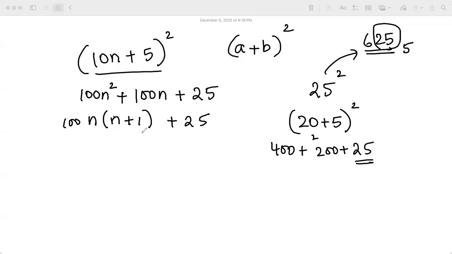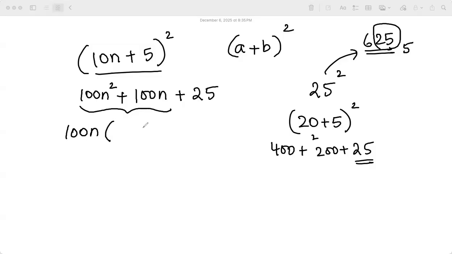Guys, did you get it? Okay, I'll tell you how. See here, till this you all got it, right? Now in this, what can I take as common? 100 and n.